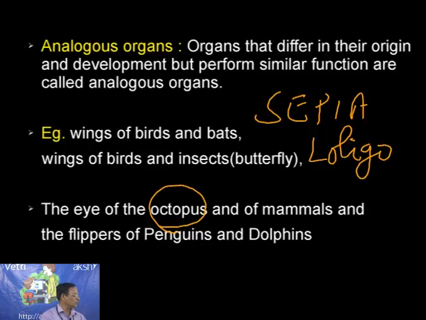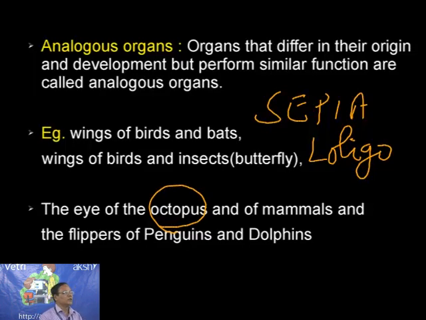Then the flippers of penguins and dolphins. The penguins, you know, are flightless birds. The wings are used just for swimming in water, living in Arctic and Antarctic regions. They are called flippers. So the flippers of penguins, the flightless bird, and the dolphins, the aquatic mammal, or we can say also the whale, are also analogous organs.